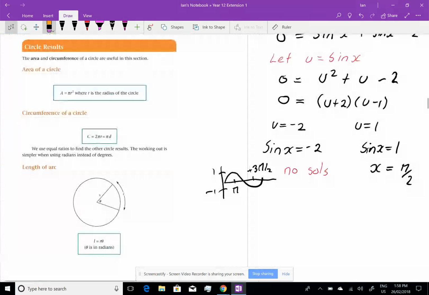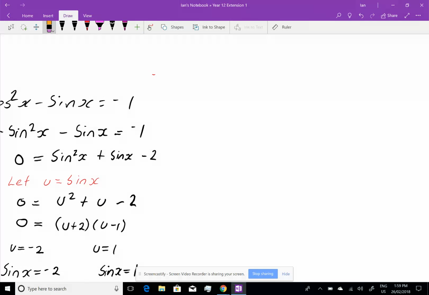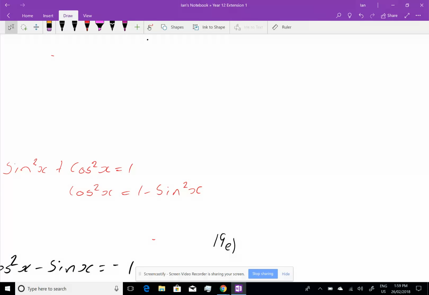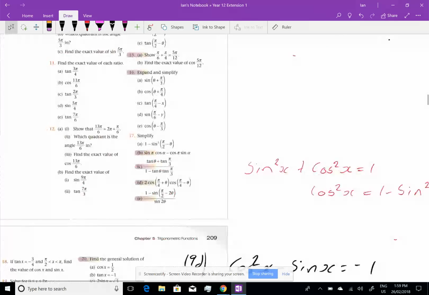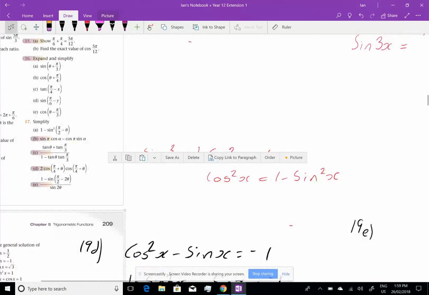All right, let's do 19E. Now 19E is going to take a bit. Once we get the first bit out of the way, it's going to be hard. First of all, I'm going to do sine 3x. This takes a bit of work, and we've done it before. I think it's got sine 3x in it, doesn't it? Yes, it does.